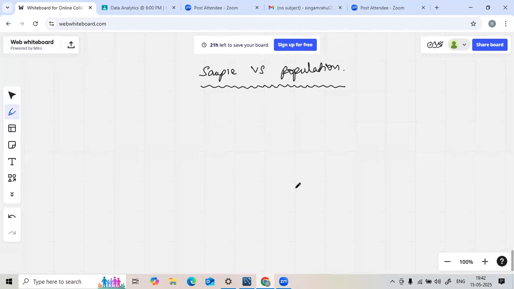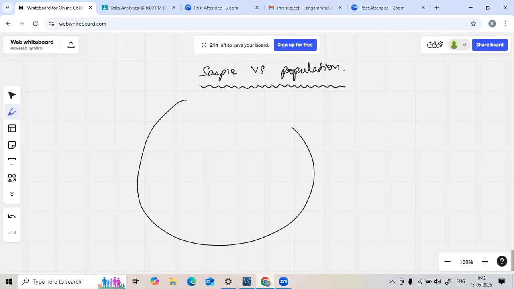See, whenever we are referring to the concept population, it's a whole thing, guys. Whatever data you have, the entire data set, you consider as population. This entire big circle, you can even consider as population. And a small portion inside that population, you consider as sample.